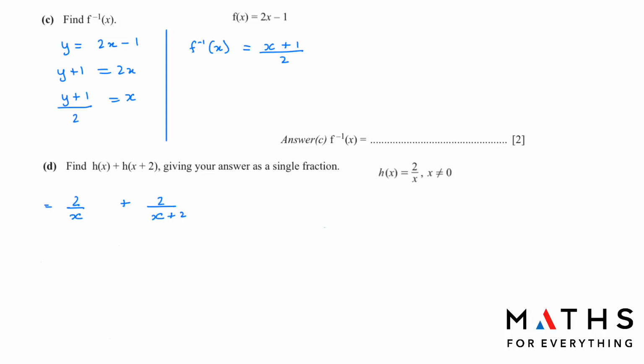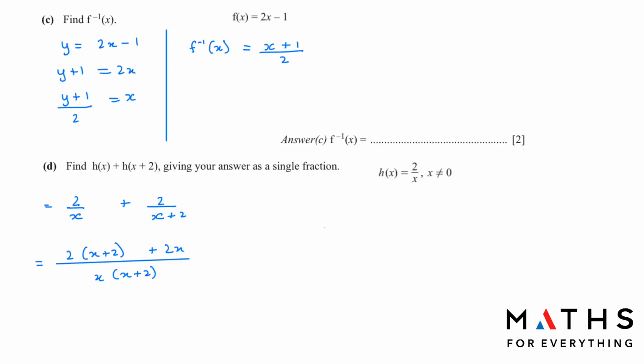So we multiply 2 and x with x plus 2. This will give us 2 bracket x plus 2. And this side we multiply with x. So we multiply the x here. It will become 2x. And then we can write in the denominator x over x plus 2.